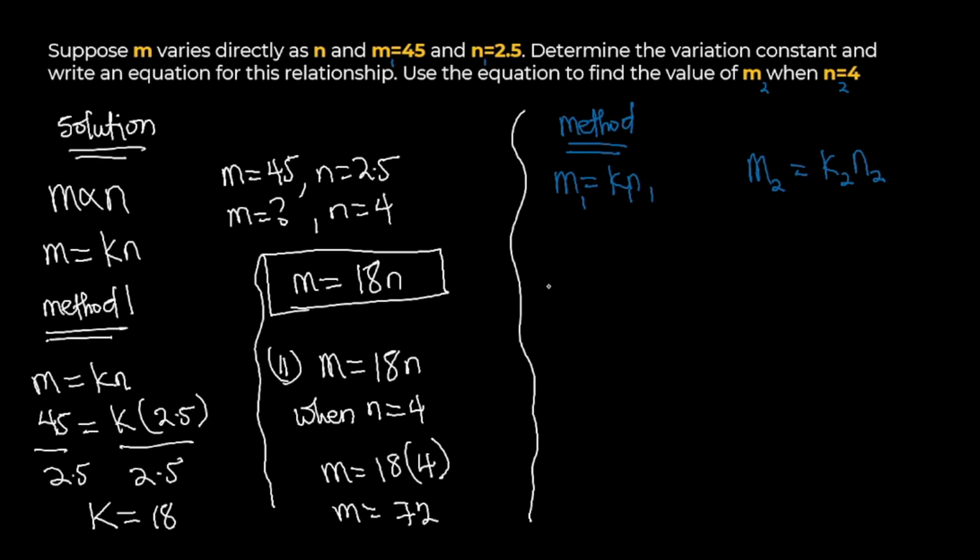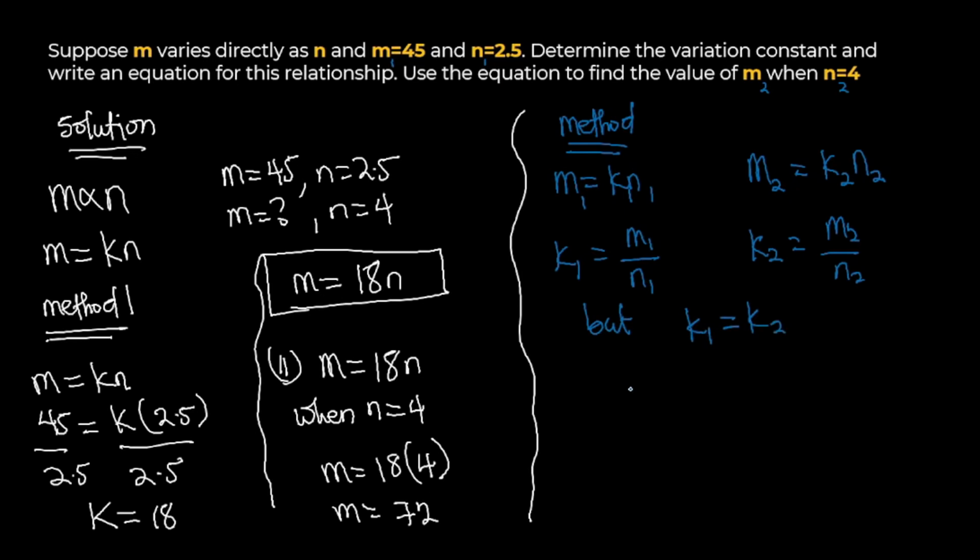So let's make k1 the subject. So making k1 the subject over here, we have m1 on n1. The same way, making k2 the subject over here, we have m2 on n2. But the constant of proportionality is the same for both cases, which means k1 is equal to what, k2.